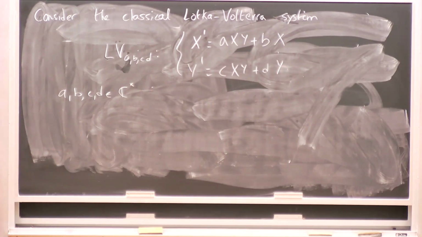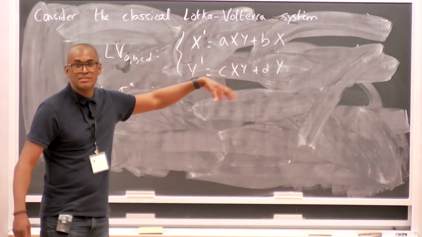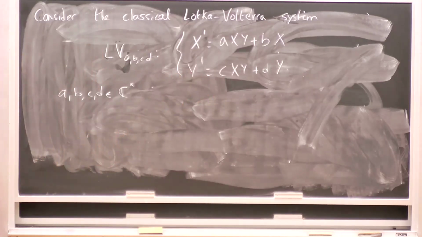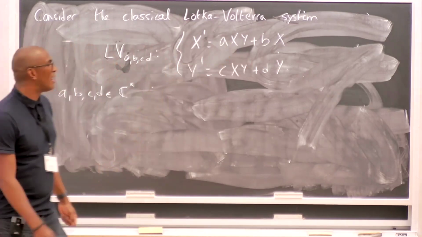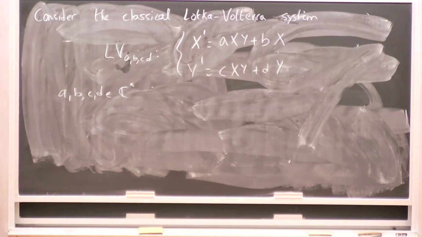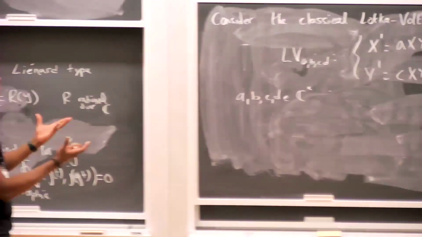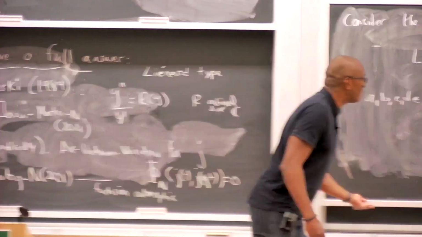So this is the Lotka-Volterra system. Generally, when one works with this system, one is more careful about the parameters. They're chosen to be real numbers. Usually one assumes this is the predator-prey competition model, so one assumes something about the sign of whether it's positive or negative, but somehow we work in a more general setting. For us, the Lotka-Volterra system is this very general system, so it includes the one that people work with.